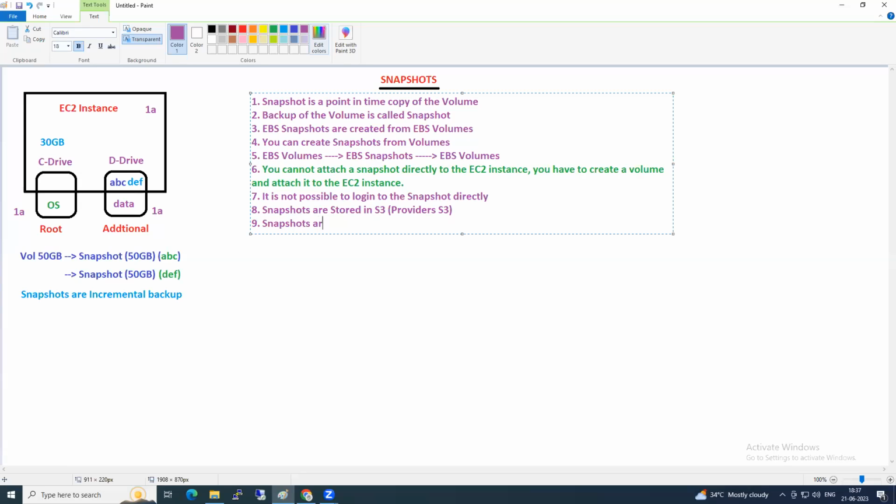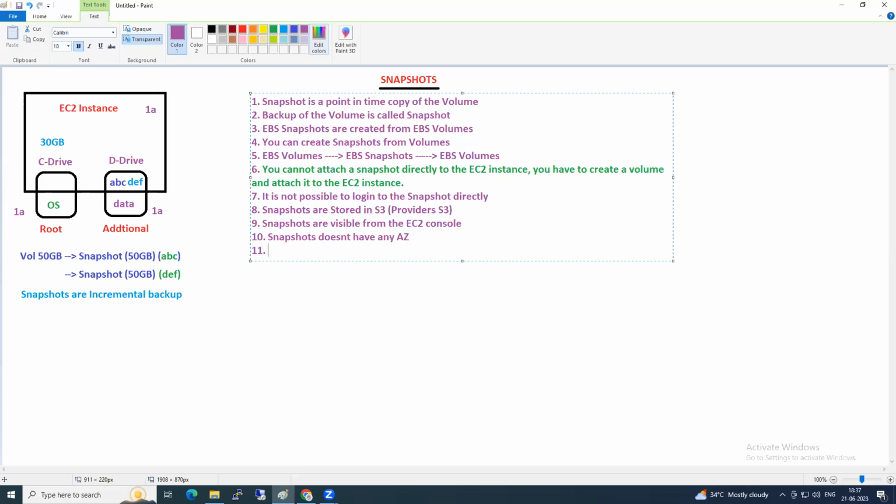Snapshots are visible from the EC2 console. Do snapshots have any availability zone? They don't have any availability zone. Is a snapshot regional or global?